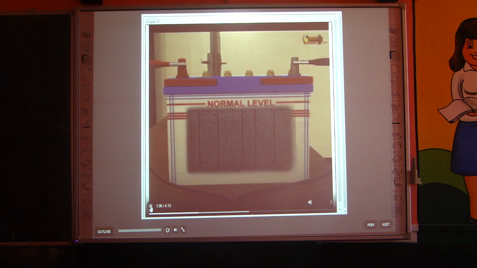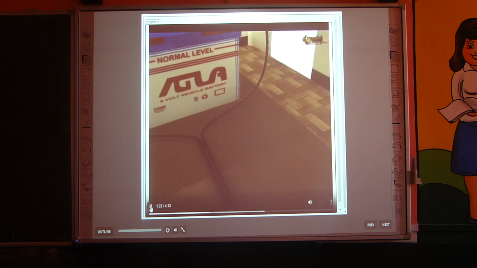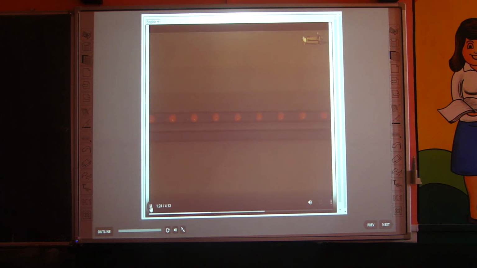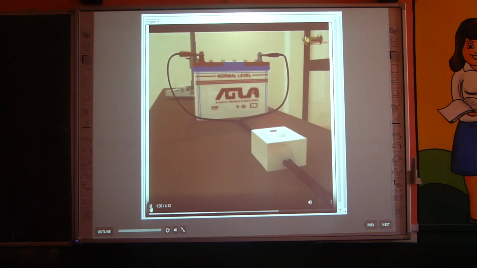The chemical reaction that goes on within the battery generates a potential difference between its two terminals. This potential difference sets the electrons in motion, due to which current flows through the resistor connected to the battery. To maintain the flow of current in the circuit, the source has to keep supplying its energy.